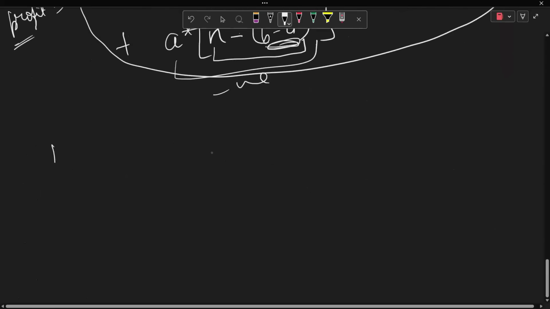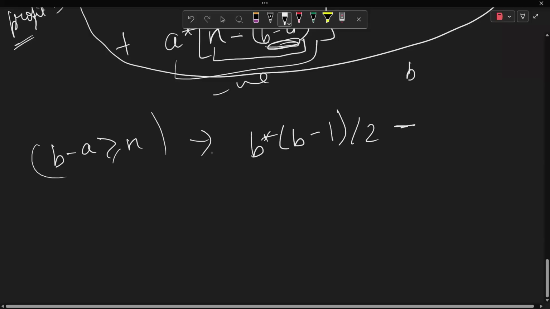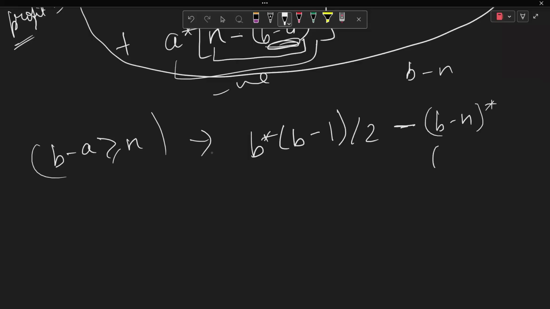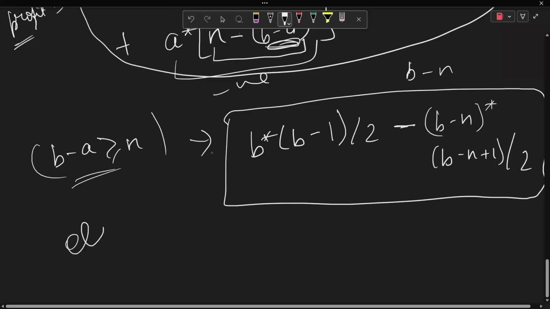For the case when B minus A is greater than or equal to n, we write our answer as B into B plus 1 by 2, subtracted by the sum for the lower part. We took n elements, so the lower one would be B minus n: B minus n multiplied by B minus n plus 1 by 2. We write this for the case when B minus A is greater than n, and for the else case, we just write the above formula.